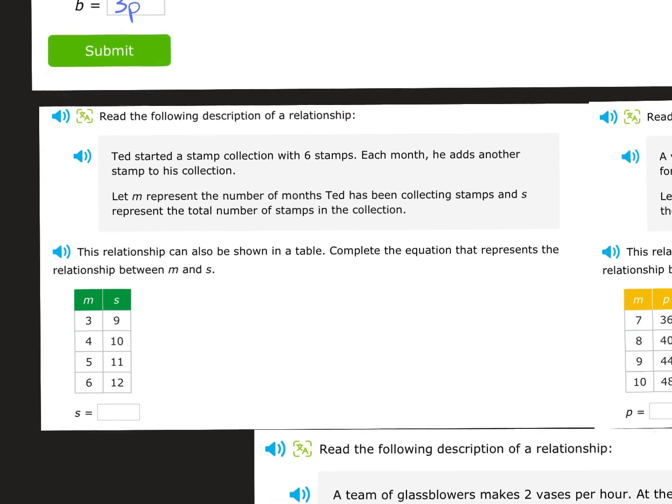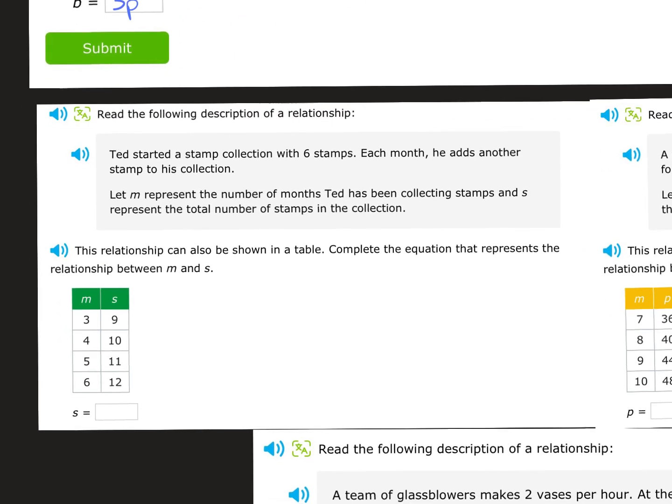So getting a little bit more complicated now, Ted started a stamp collection with 6 stamps. So at the beginning, he has 6 stamps, and then each month he adds another stamp to his collection. So after every month, he adds a new stamp.